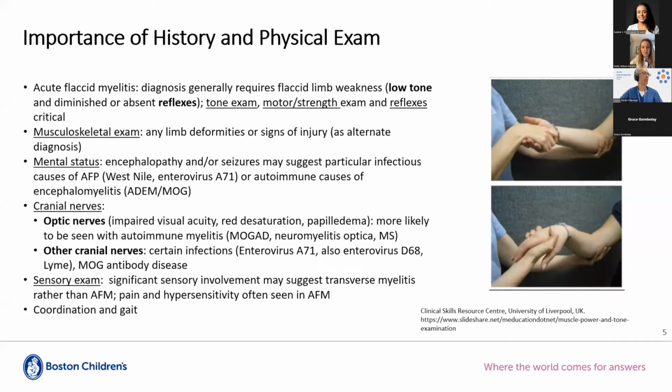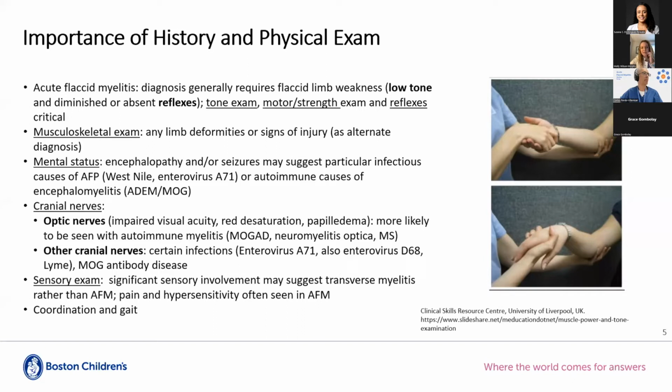Optic neuritis is more likely to be seen in autoimmune causes of myelitis, where you have a myelitis and an optic neuritis together, which can be seen in conditions such as MOG antibody disease, neuromyelitis optica, or multiple sclerosis. And then other cranial nerve involvement: certain infections, particularly enterovirus A71, but also D68, in many cases are associated with cranial nerve involvement in addition to the myelitis. Lyme is also a consideration in Lyme endemic areas, and MOG antibody disease.